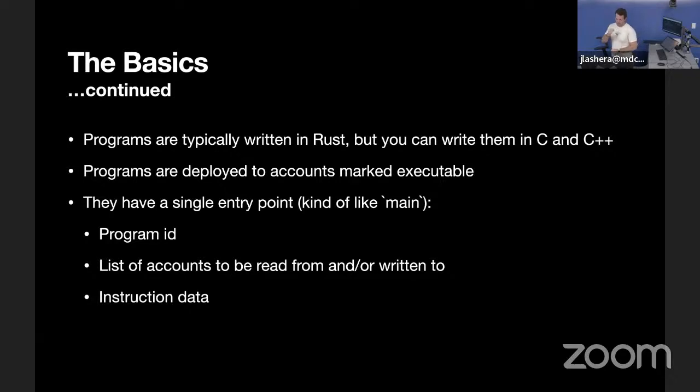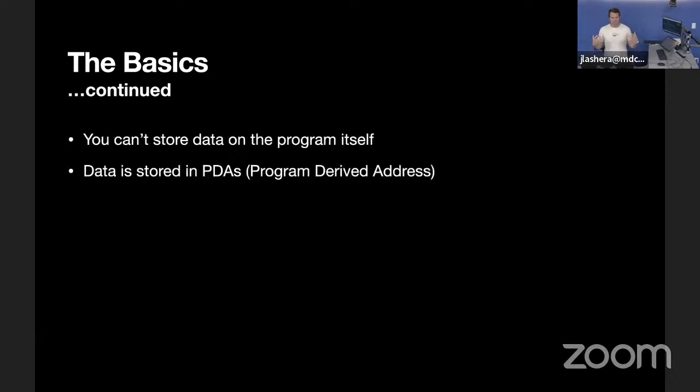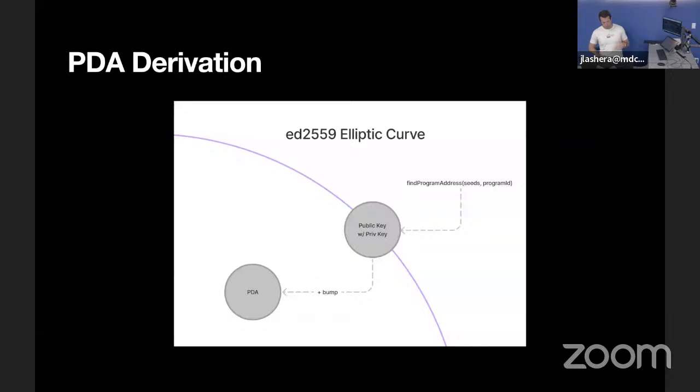Now, it's important to recognize you can't store data on the program itself. Any sort of state changes happen on external accounts that aren't the program itself. We call those accounts PDAs, or program-derived addresses. There's a really cool thing here, which is that typically when you derive an address for Solana, you're getting an address on this Ed25519 elliptic curve.